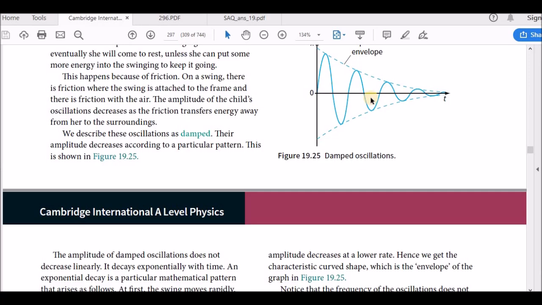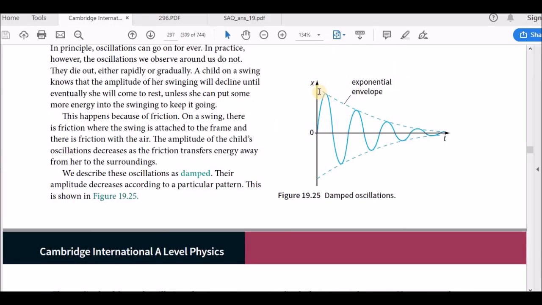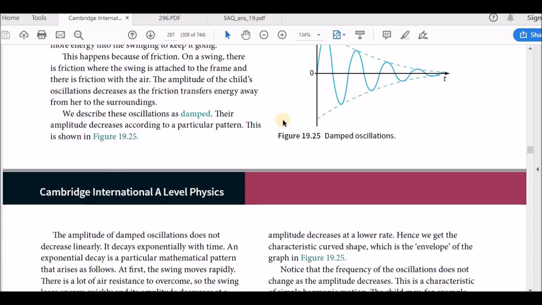Now you can see that happening over here. In the beginning there is a big decrease, and then with time the decrease isn't as drastic. In the beginning this decrease in amplitude is drastic, but as the amplitude decreases, it decreases at a slower and slower rate.